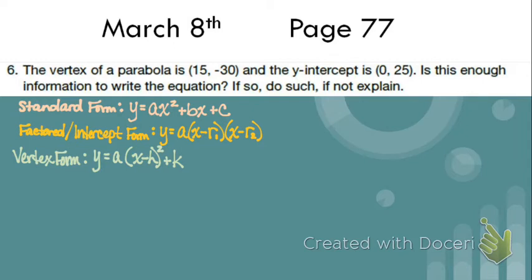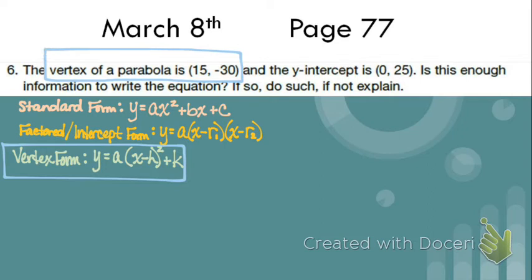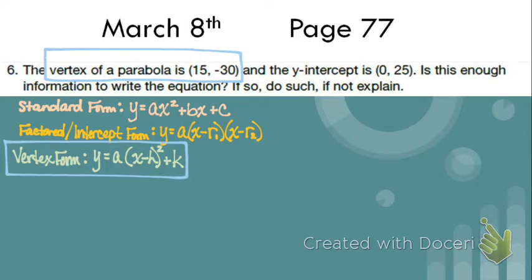Vertex. Tell me why you chose vertex. That's exactly why I would choose that one as well. They gave us the vertex of the parabola. So where do I put the vertex of the parabola in vertex form?